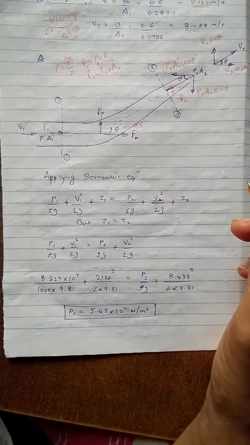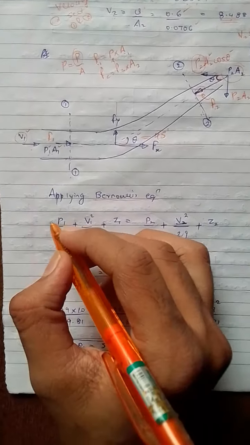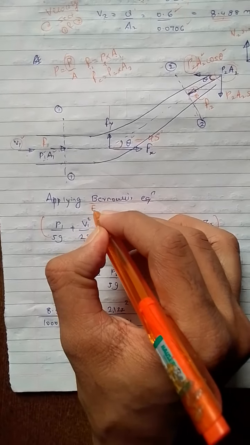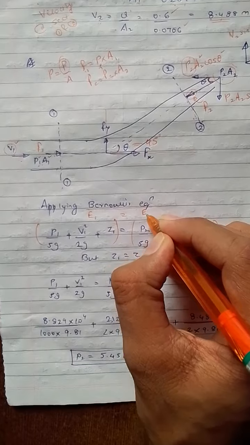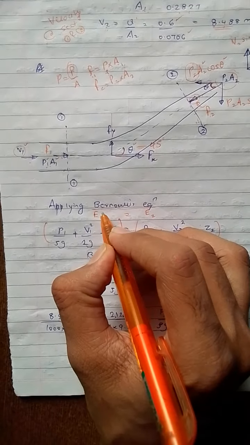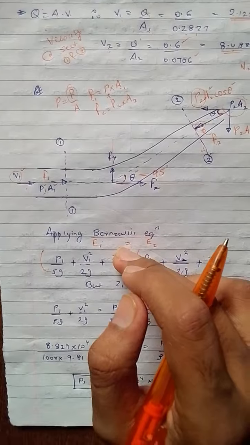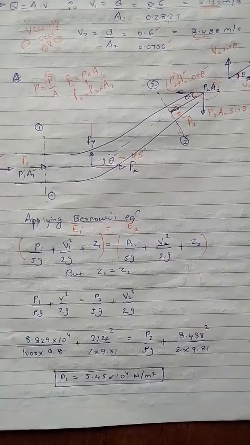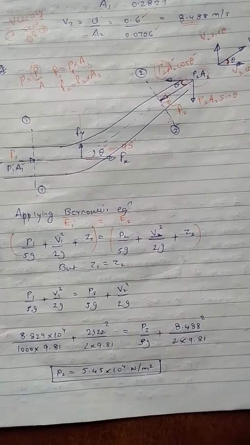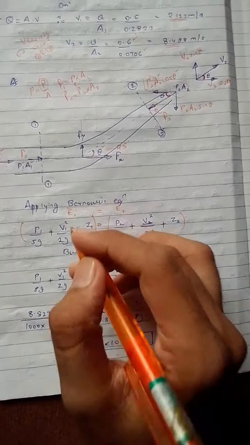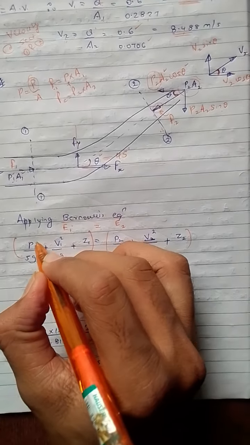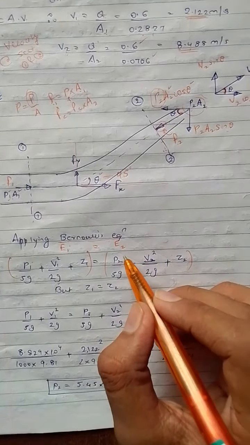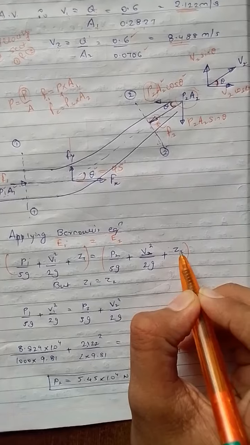I think you have gone through Bernoulli's equation in fluid mechanics. Bernoulli's equation states that the total energy E1 at section 1 is equal to the total energy E2 at section 2. Total energy at a section is pressure head plus velocity head plus datum head.